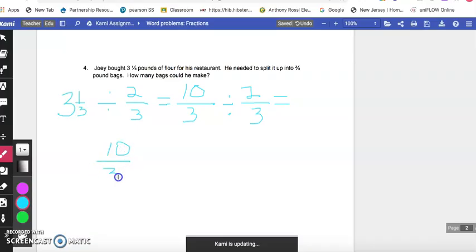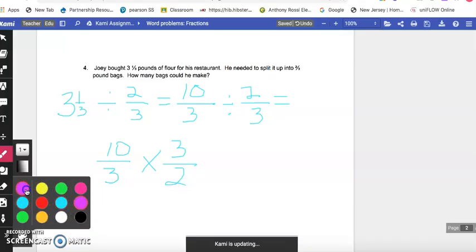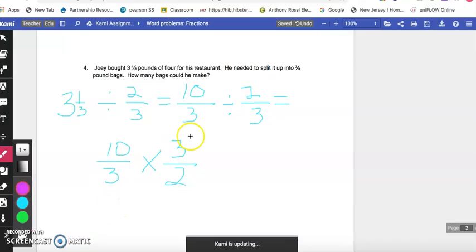keep. I'm going to change my sign and write the reciprocal of my 2/3, which is 3/2. Now I can clearly see things to cross cancel. 3 and 3 cross cancel. 2 and 10 cross cancel. 2 times 5 is 10.